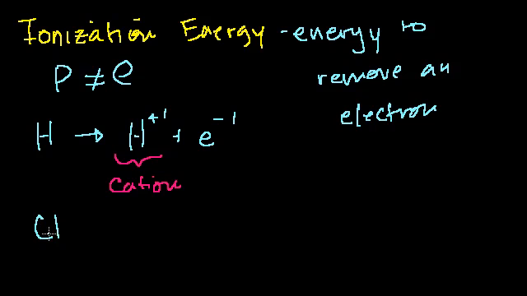Cl, right? In a stable form, it has 7 valence electrons. And why don't we add an electron to it? And now it'll be Cl-. And now this will actually be pretty stable. It'll have 8 valence electrons, but it'll have a negative charge. So this right here, this is a negative ion, and that's known as an anion.